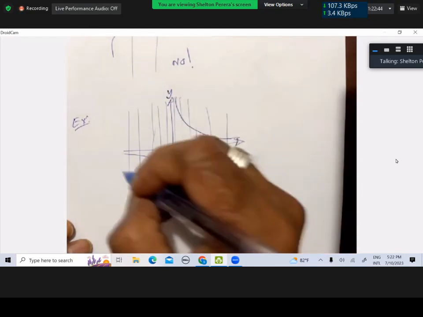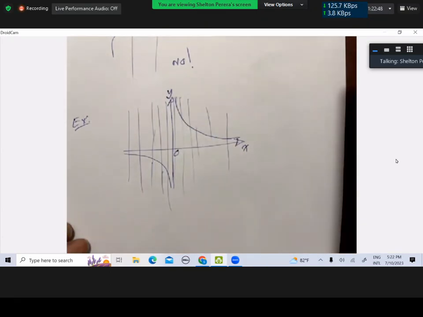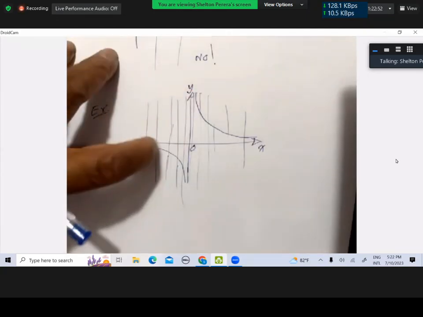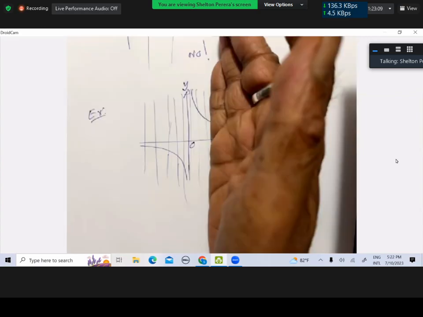It's okay. But if it cuts a vertical line, any vertical line, not just the y-axis, when any vertical line is drawn, the graph can meet the vertical line exactly once, one point of intersection, or none.